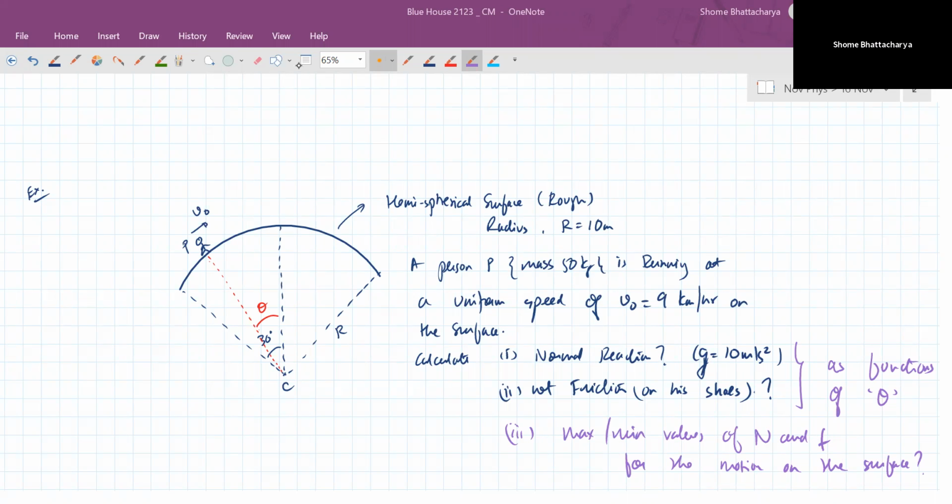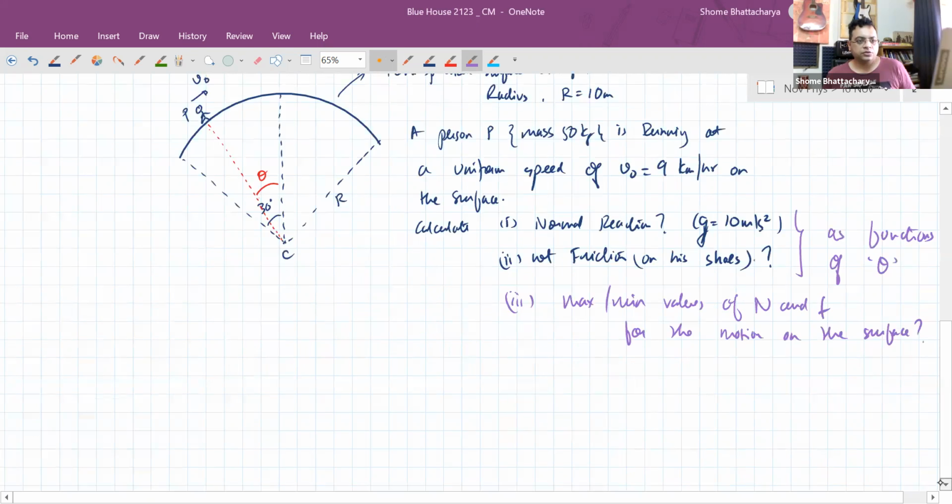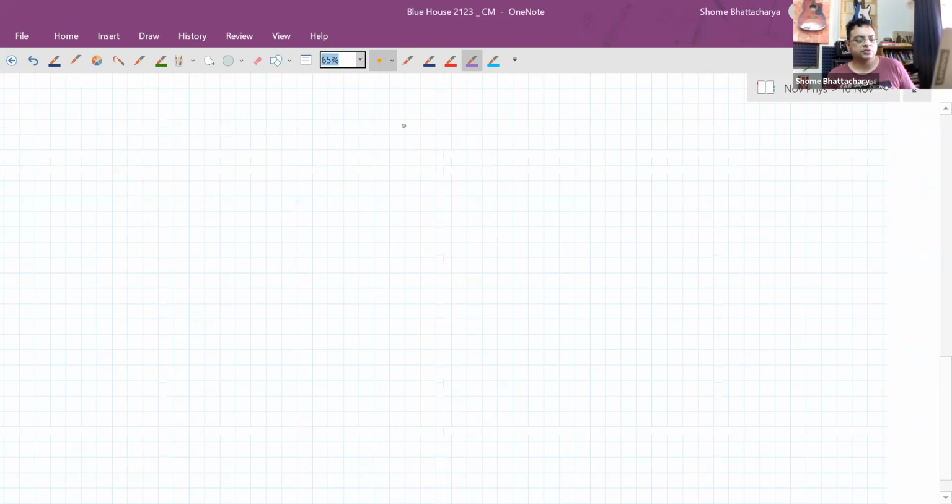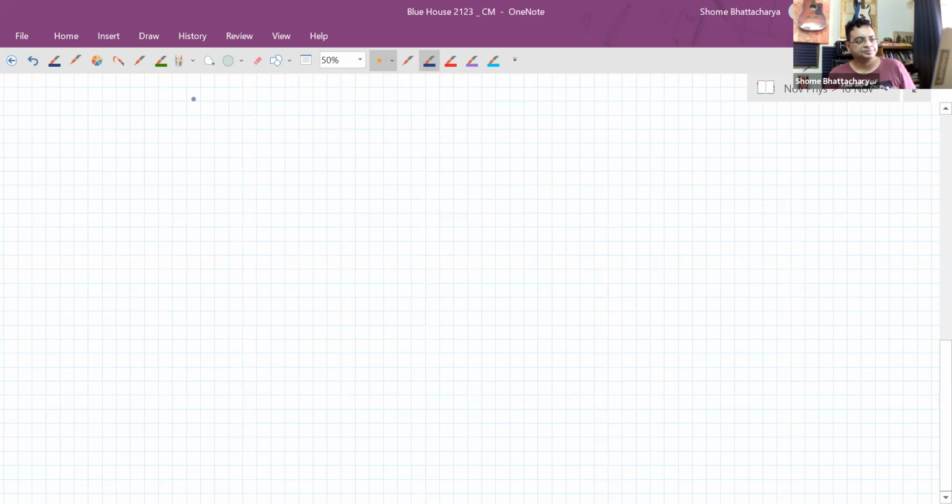Yes, Vedant, your conclusion is correct. Okay, so the net force should be towards the center because it's a uniform circular motion. So the first thing to understand here is that the motion is a uniform circular motion because he is running at constant speed.